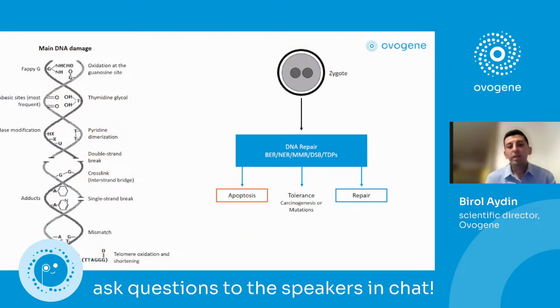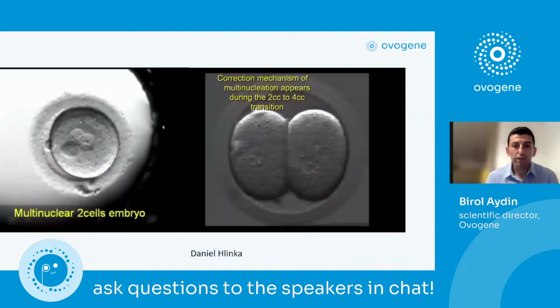So here is the main mechanism of how it can happen. While we are using active mitochondrial DNA, there can be a better apoptosis, programmed cell death mechanism, and that can help with less mutation risk and higher chromosomal activity, which can affect the repair mechanism, the intracellular repair mechanism inside the oocyte.